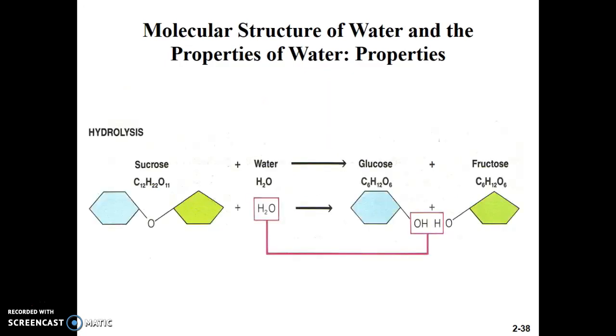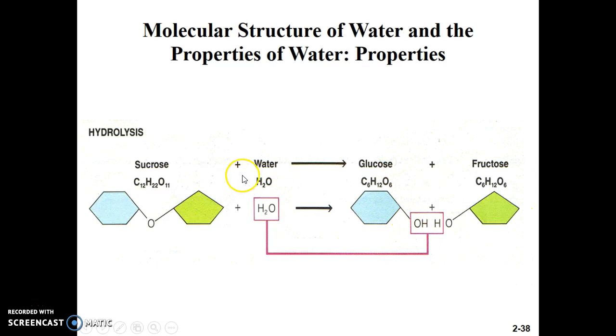So here is hydrolysis. Sucrose is table sugar. So this is what you put on your cornflakes in the morning, okay? When sucrose and water mix, sucrose is broken down into glucose, which is your blood sugar, and fructose, which is fruit sugar.